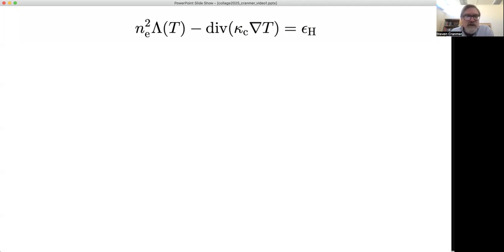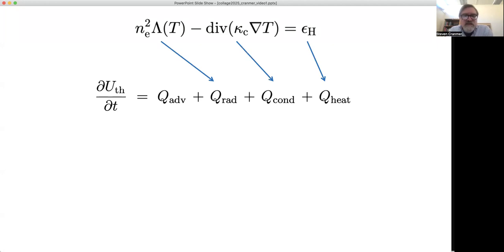The way I think about this equation is essentially as a conservation equation for the thermal energy density of a gas, right? So it's an energy conservation equation, but just for the thermal part, the U_TH here on the left-hand side is the thermal energy density.